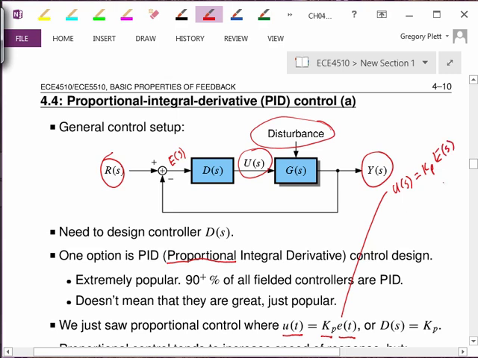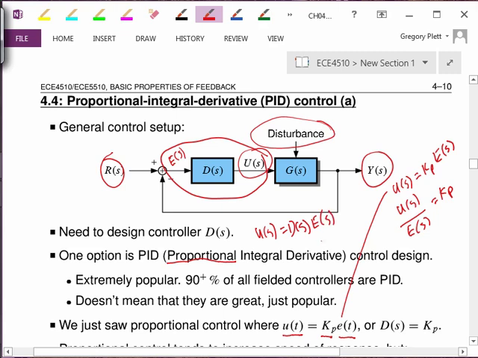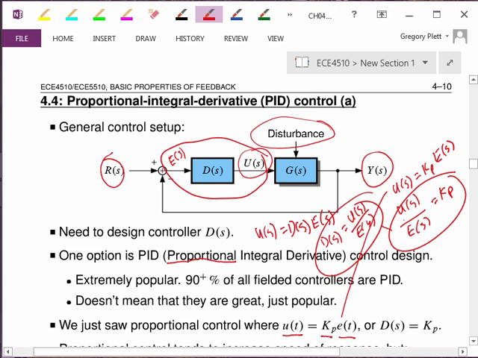And then I can say U(s) over E(s) equals Kp, but that's what D is. Here notice that U(s) equals D(s) times E(s). So D(s), by definition, is U(s) over E(s). And so for a proportional controller, D(s) is simply a constant gain, a gain of Kp, where P stands for proportional.